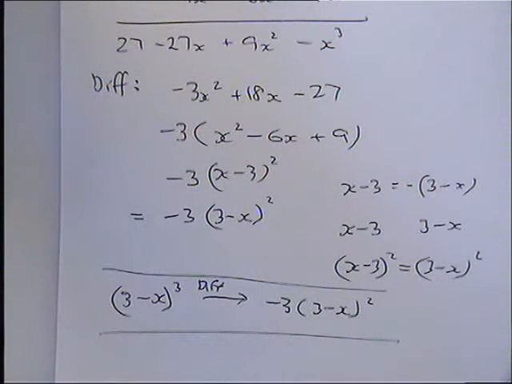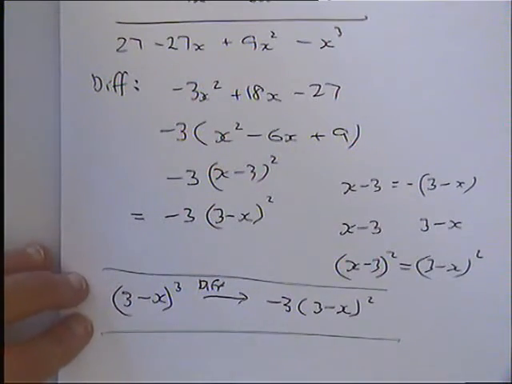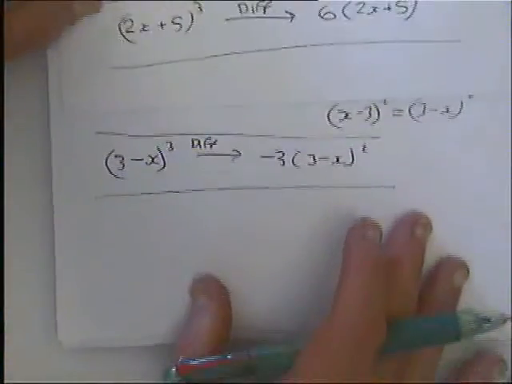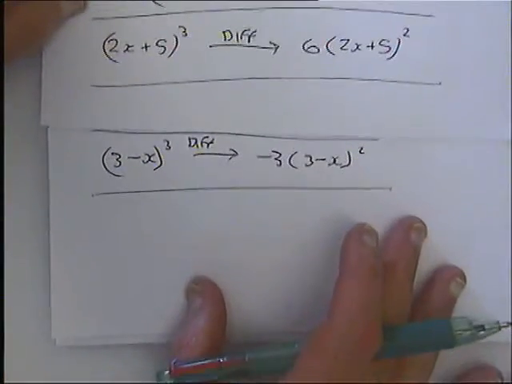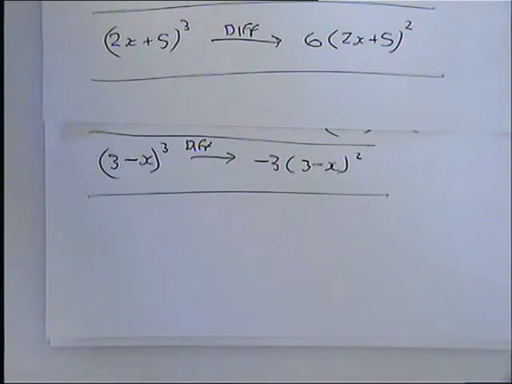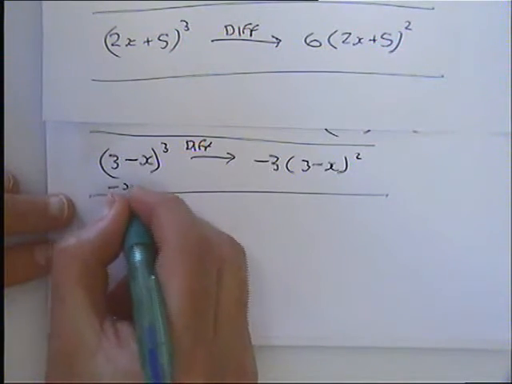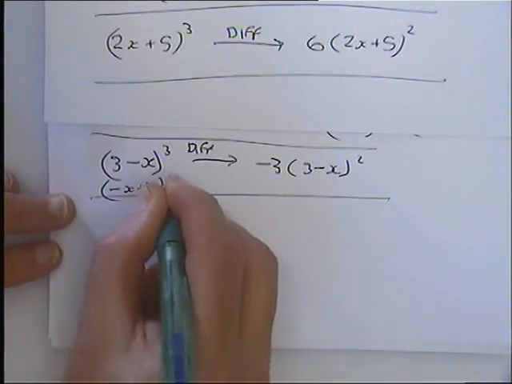Now I heard someone earlier on saying that they were spotting something. If I put just those two together, those are the two results we've had so far. It may be that people would rather write this one down as minus x plus 3 cubed.